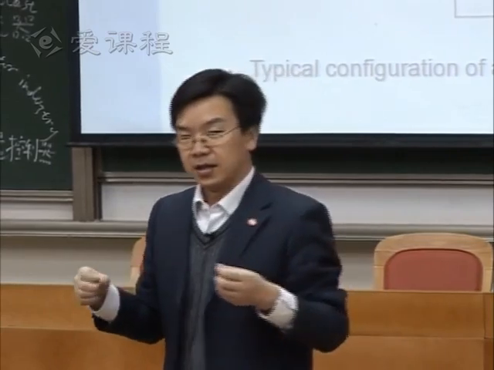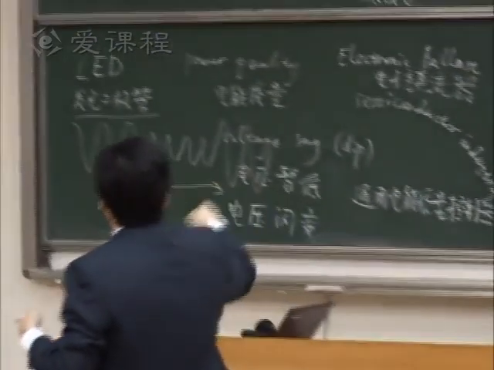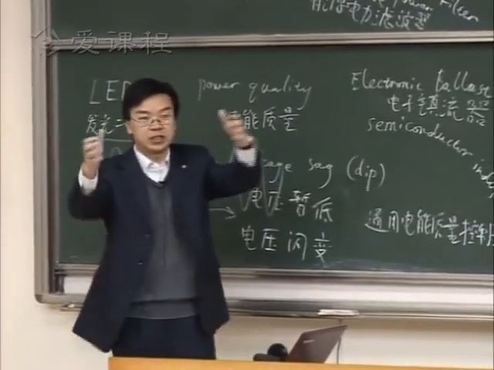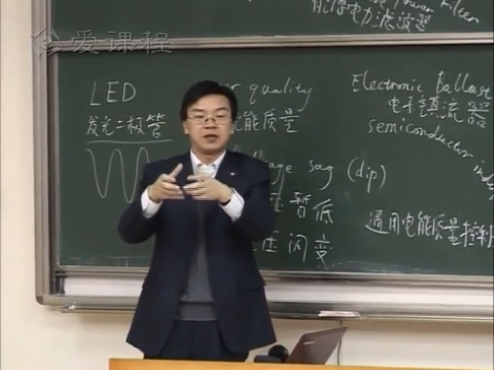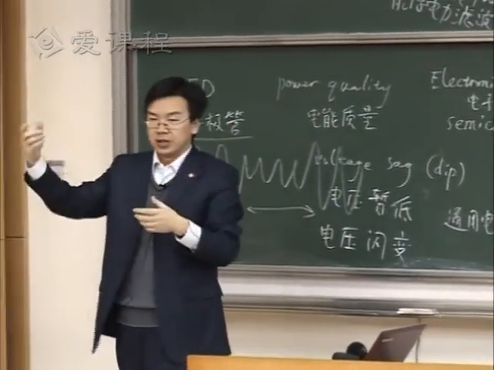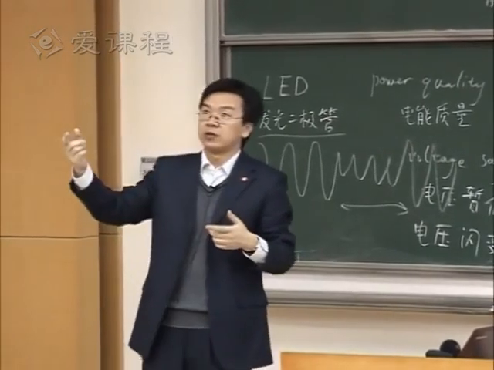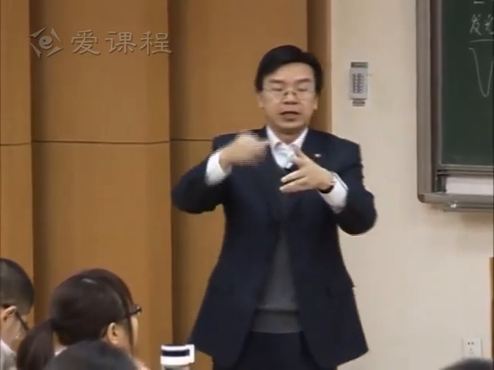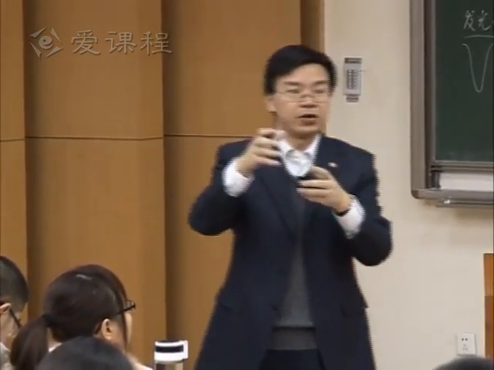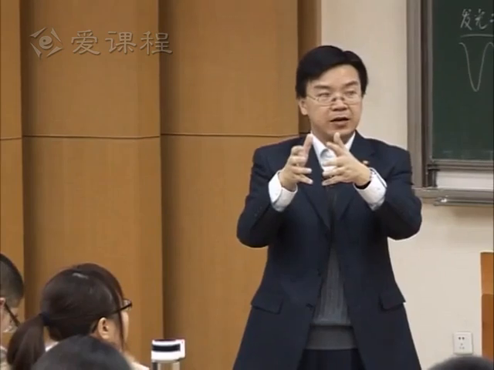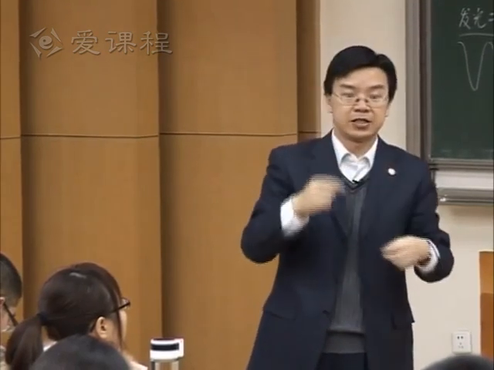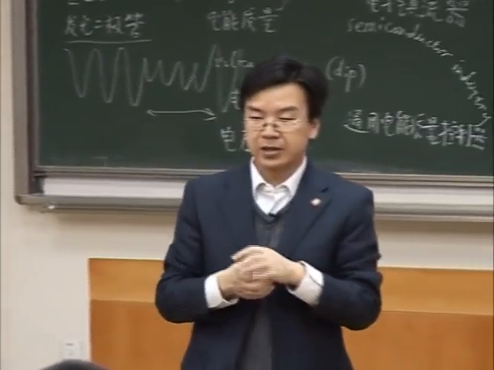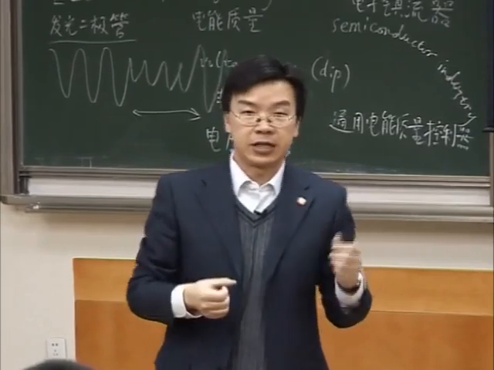Then gradually people found out that we can use electronic ballast. This electronic ballast is actually just a small power converter to transfer the original, let's say, 220 volts and 50 hertz voltage from the utility grid to a certain high voltage, high frequency voltage that can turn the fluorescent lamp on. That's called electronic ballast.